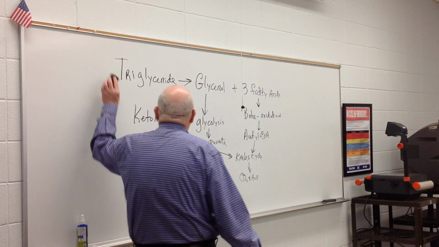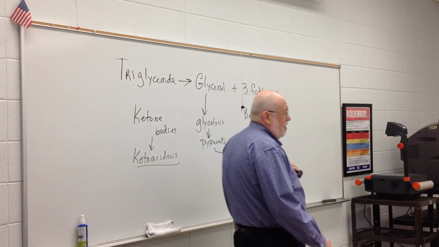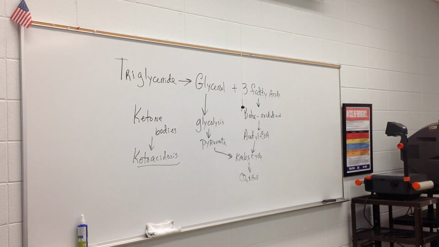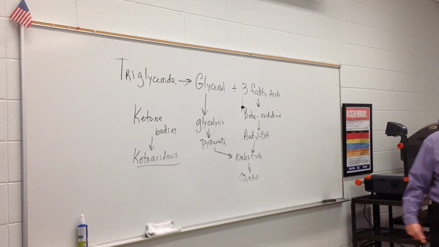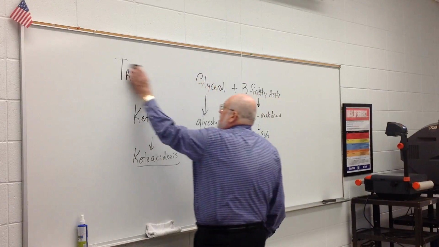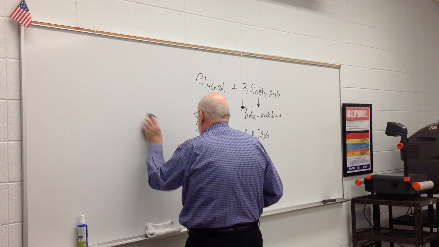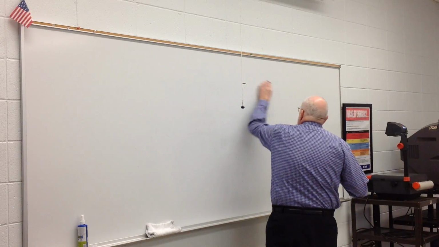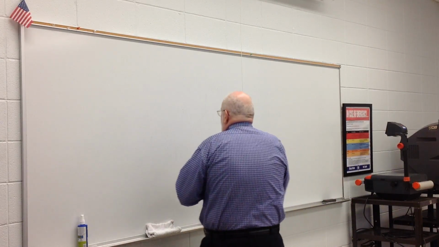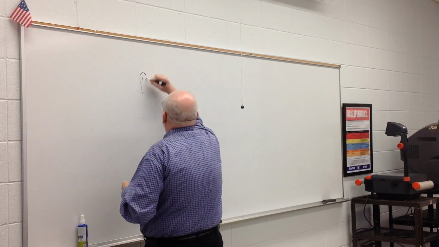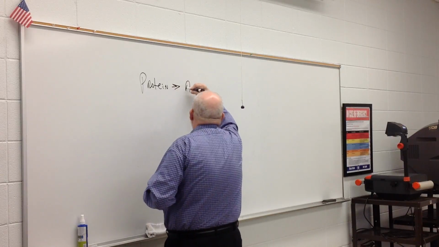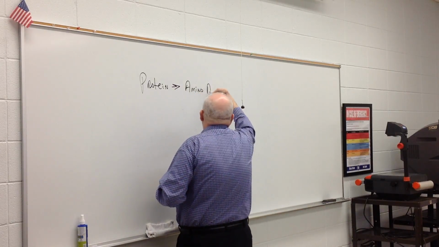Now, when you start breaking down proteins, you do start wasting away because typically structural proteins, like proteins coming out of muscles and other organs, are going to be the source. So if we consider the protein business, first of all, of course, proteins have to be broken down into amino acids.